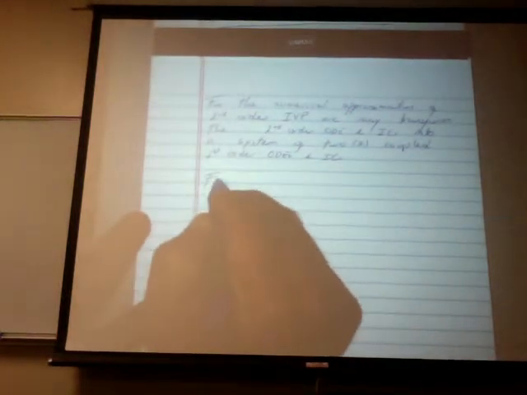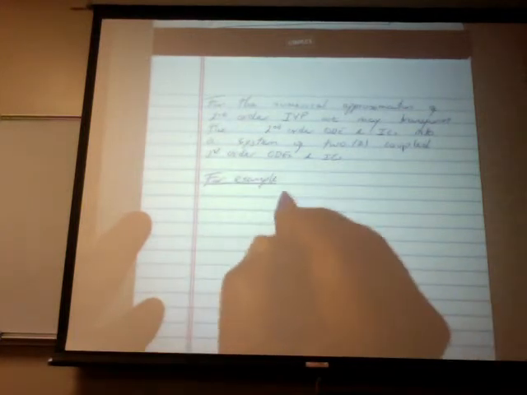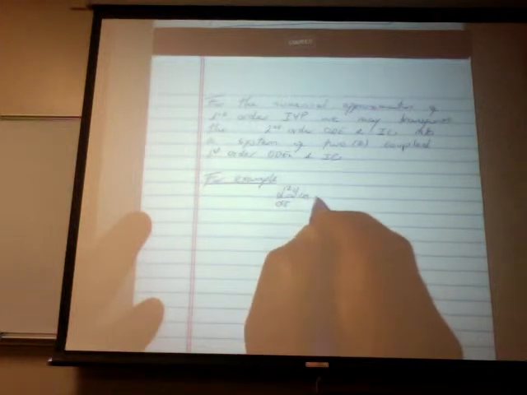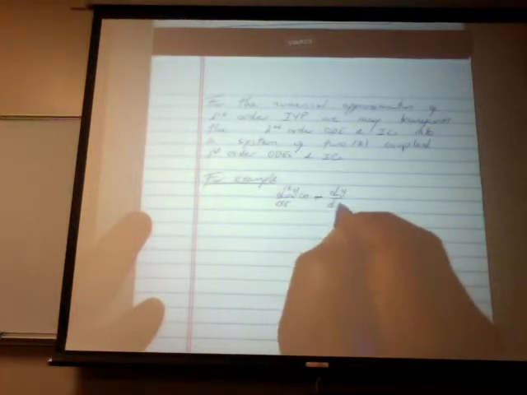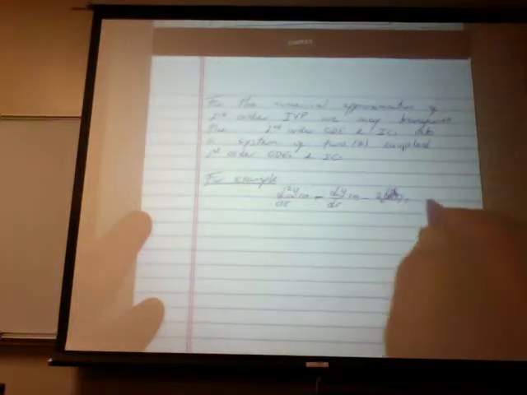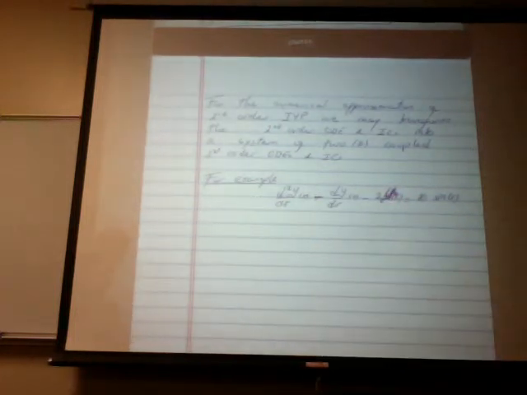Okay, so let's play around with the system we have. For example, given the second order ODE d²y/dt² minus dy/dt minus 2y(t) equals 10 sine of t, with initial conditions y(0) equals minus 3 and dy/dt at 0 equals minus 2.